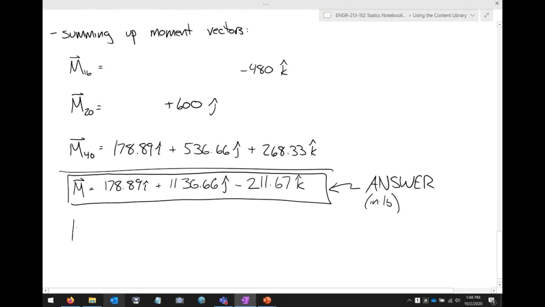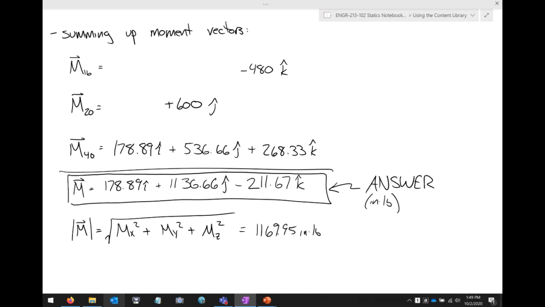You can determine the magnitude of the moment by taking the x term squared plus the y term squared plus the z term squared, and determine the square root. When you plug and chug it, it ends up being like 1169.95 inch-pounds.